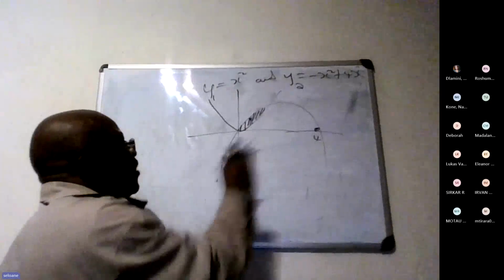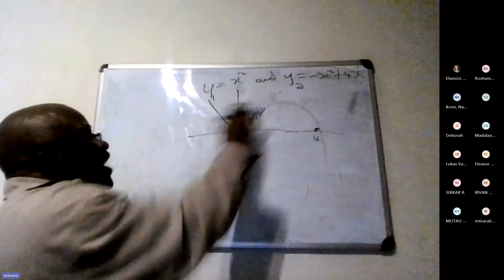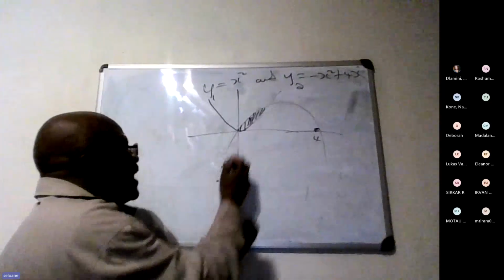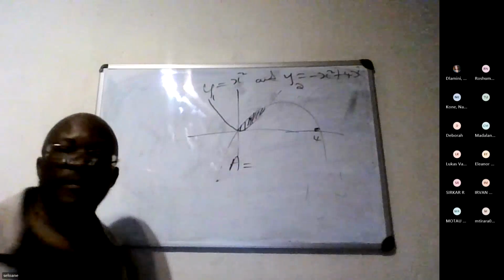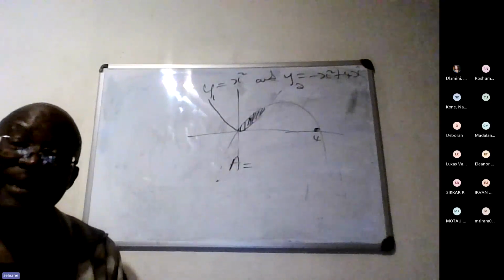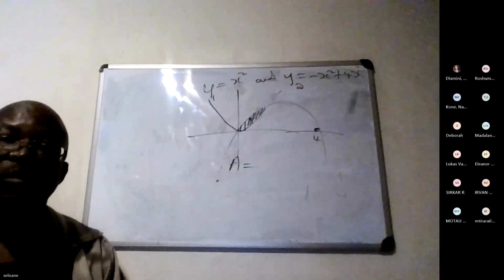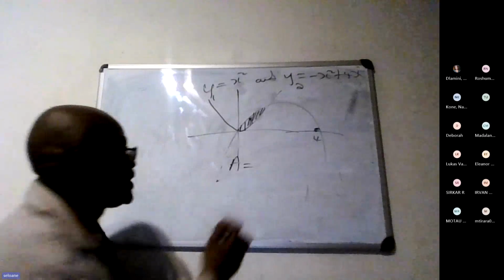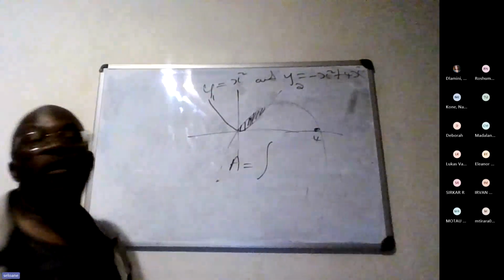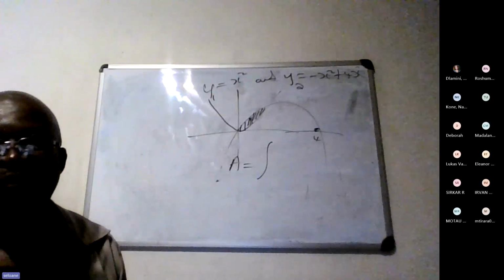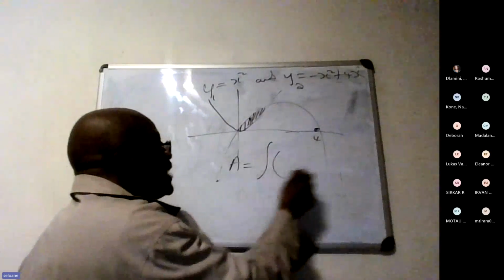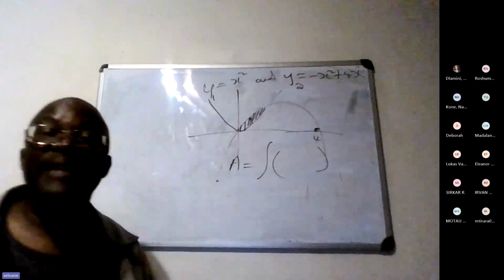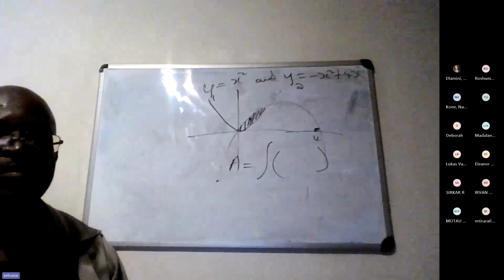So what is the area of this shaded region? The formula for the area of the region enclosed by graphs, you are going to say the integral of, what? You take the top boundary, the function that forms the top boundary.